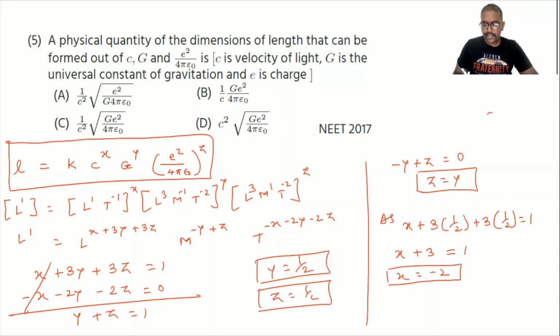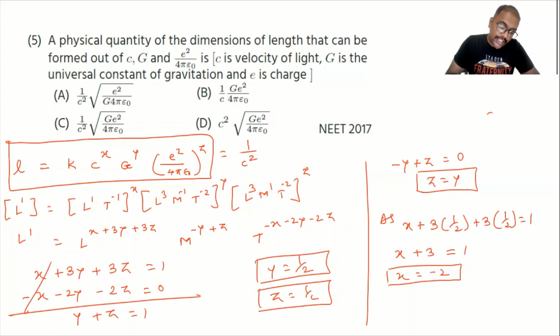Now let me substitute here x, y, z in the above equation. So what we get here? I'm not writing k here. The value of k may be 1 here. So c raised to x. x is minus 2. So I can write 1 by c raised to 2. G raised to y and this term raised to z. y and z are raised to 1 by 2.